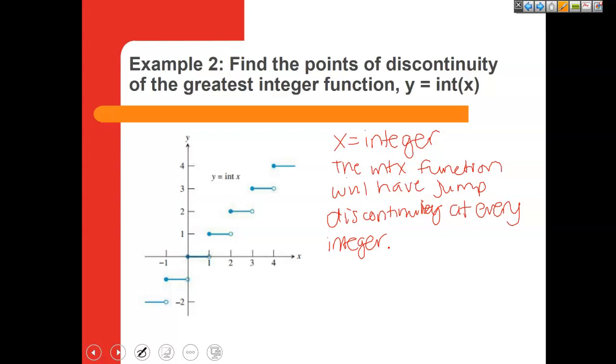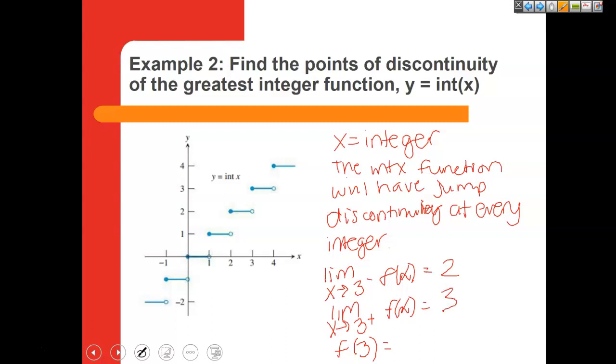And then if we investigate 1 or 2 integers, if you look at the limit as x approaches 3 from the left, the limit as x approaches 3 from the right, and f of 3. The limit as x approaches 3 from the left will be equal to what? The limit as x approaches 3 from the right. And what is f of 3?